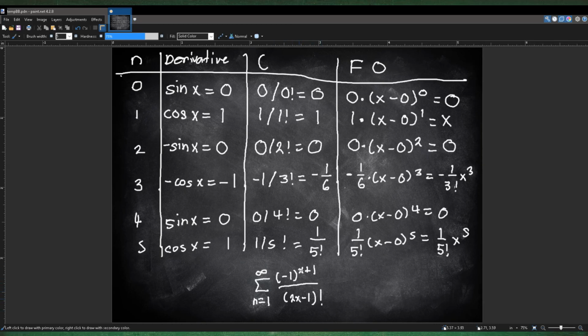Because if we have a 1 here, that's 2 minus 1, 1 factorial, which is what we started on. Now we need a 3 factorial. So you put a 2, 2 times 2 is 4, 4 minus 1 is 3, 3 factorial, right? Now if n is equal to 3, we have 2 times 3 is 6, 6 minus 1, that's 5 factorial.